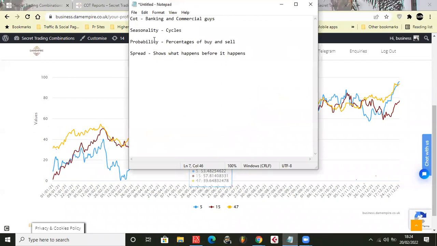Now, I'm just going to go and jot down something right here. So COT for gold, let me actually put it like this. COT gold, we have that going short. Seasonality gold, we have that short. And when is it going? 23rd.